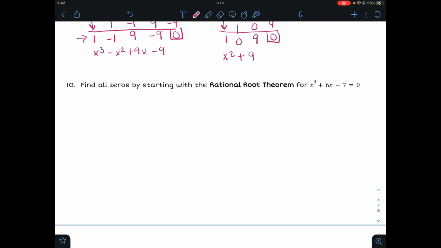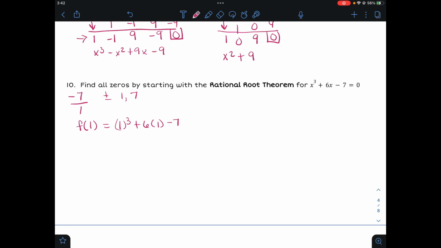So we're going to look at p. Our p is negative 7 over q, which is 1. So our possible factors are plus or minus 1 and 7. Those are our possible roots. We could put this into Desmos and see as well, but for this one, I need to see your rational root theorem happening. So I'm going to plug in 1: f of 1 is 1 cubed plus 6 times 1 minus 7, and then it should equal 0.